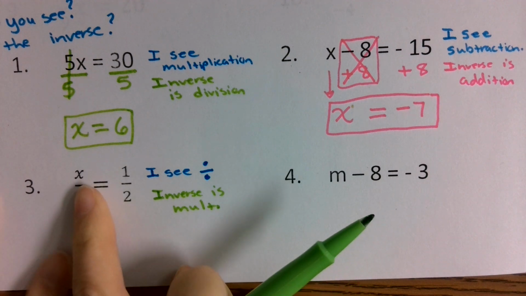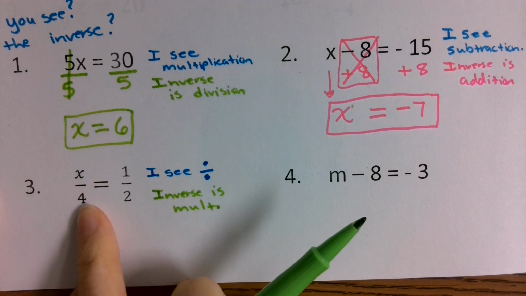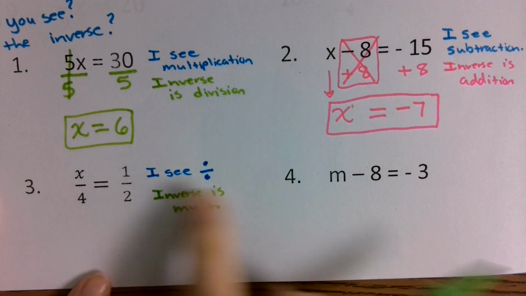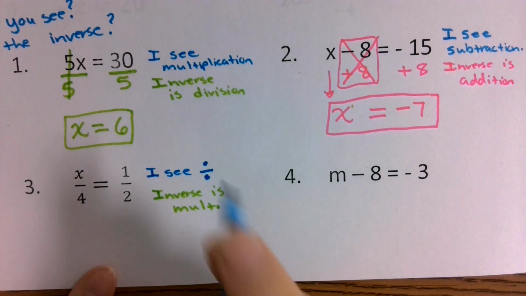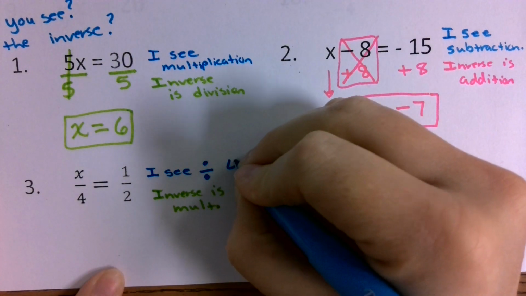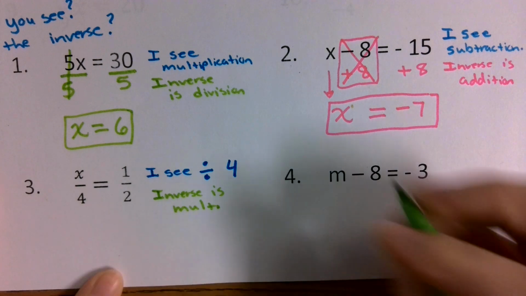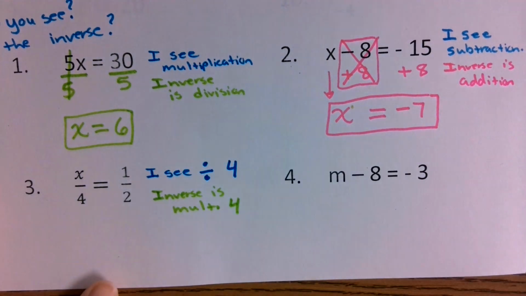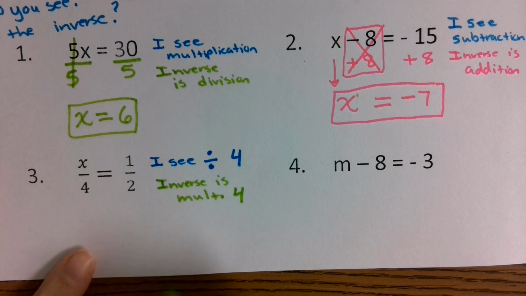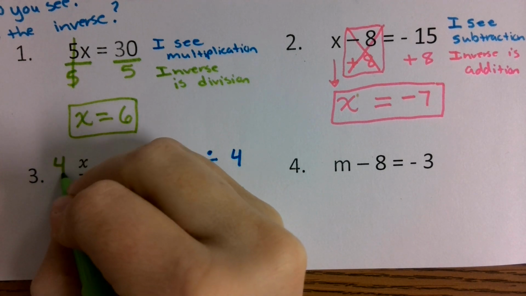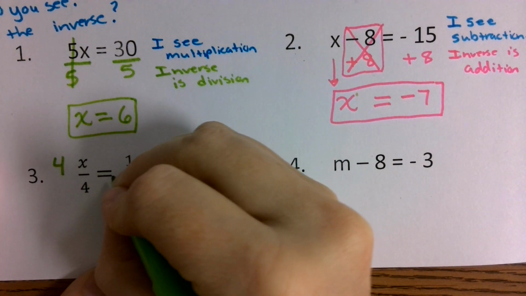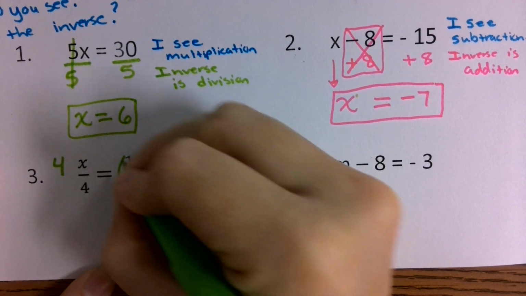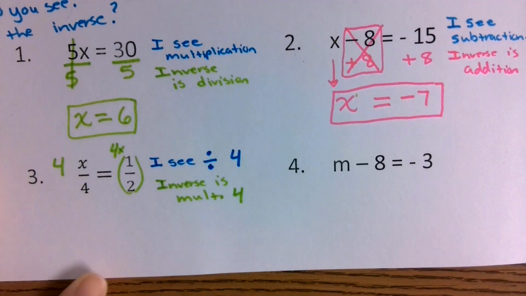So instead of dividing by 4, okay, and I'm even going to write that down. I said, I see that I'm dividing by 4. So instead of dividing by 4, I'm going to multiply by 4. It's really good to identify what number you're going to be using. So I'm going to multiply both sides by 4.